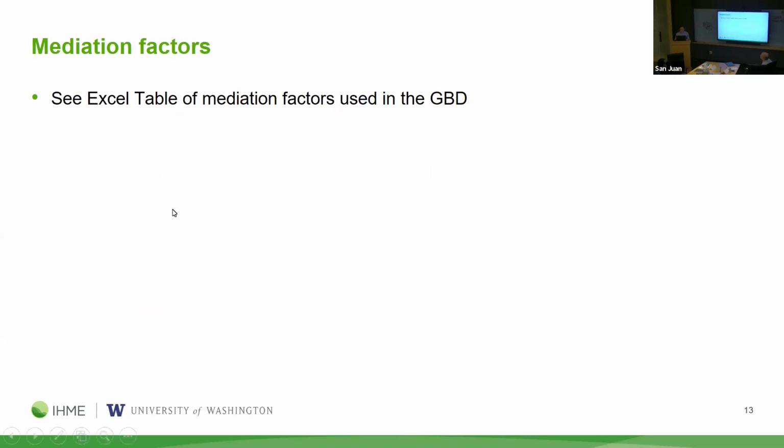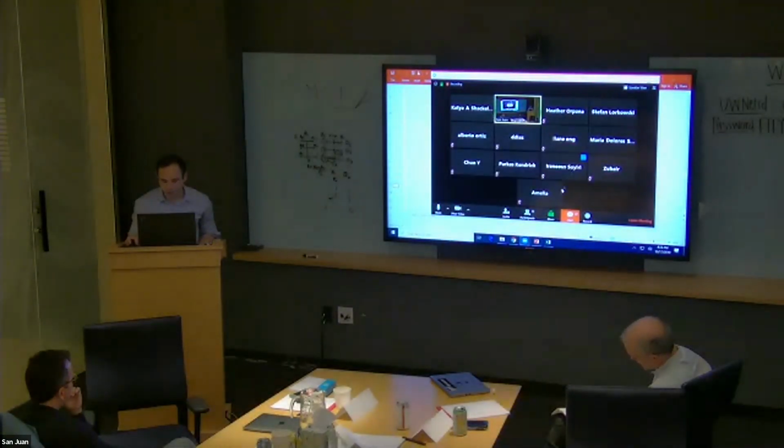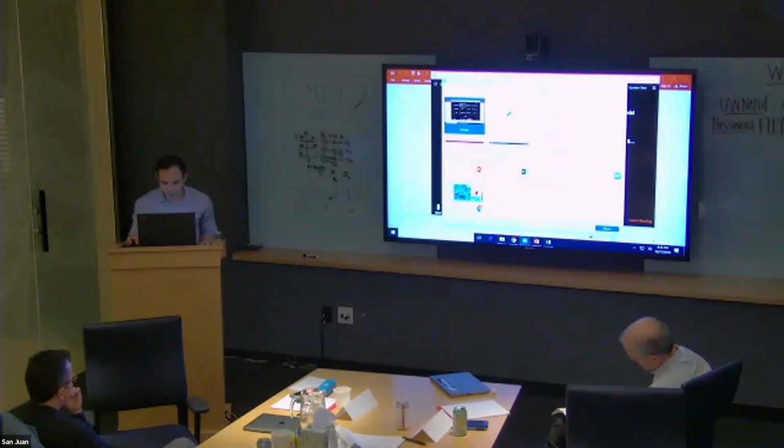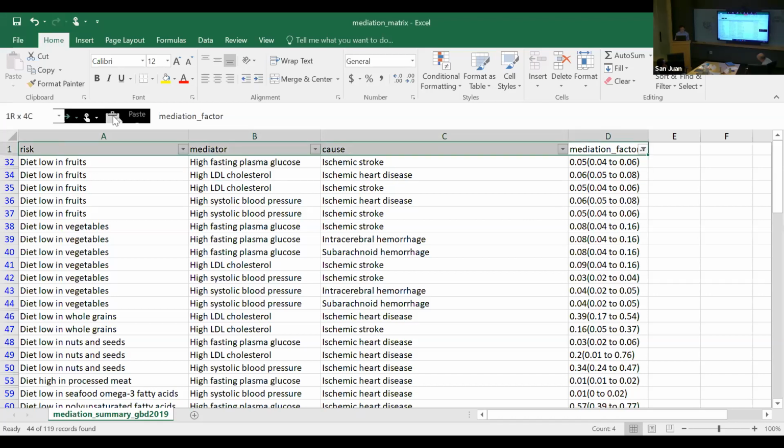And so it's actually useful to see where we're taking into account mediation currently. So let me just show you the current matrix of this, because I think it highlights a number of holes in our mediation matrix.